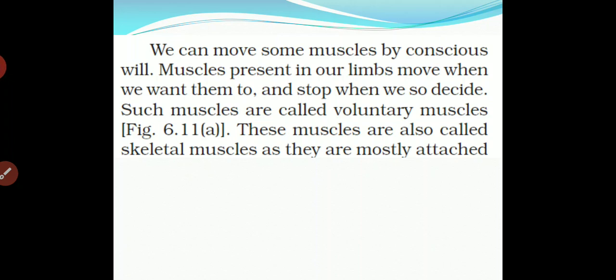Because it is directly connected to a bone, and if a muscle is directly connected to the bone, such a muscle is said to be a skeletal muscle. So voluntary muscles, which are under the control of a human being, are also connected with the skeleton, with the bone.